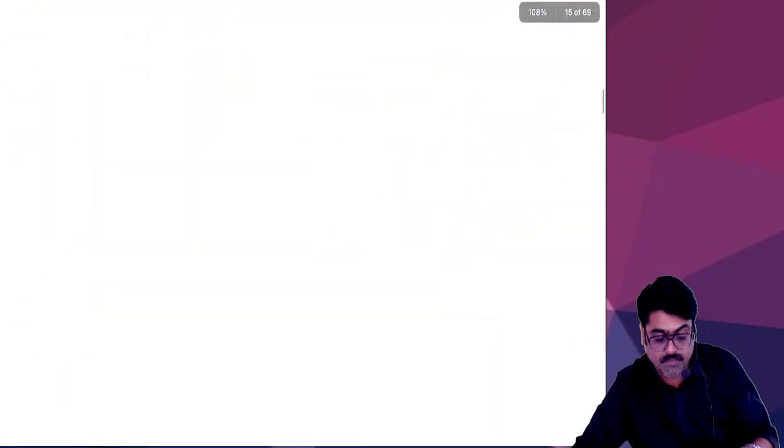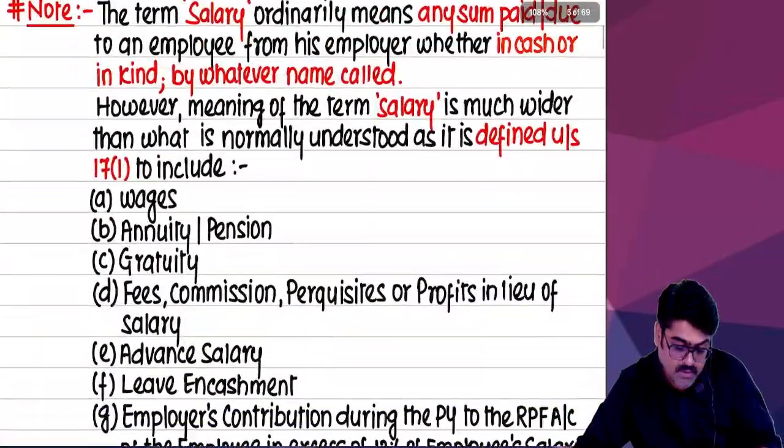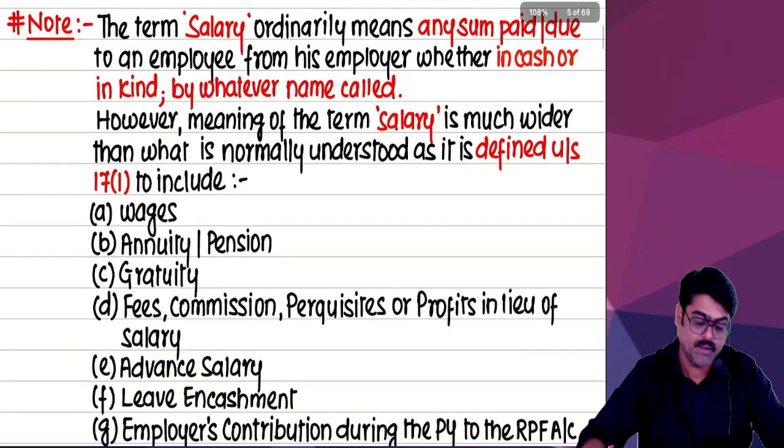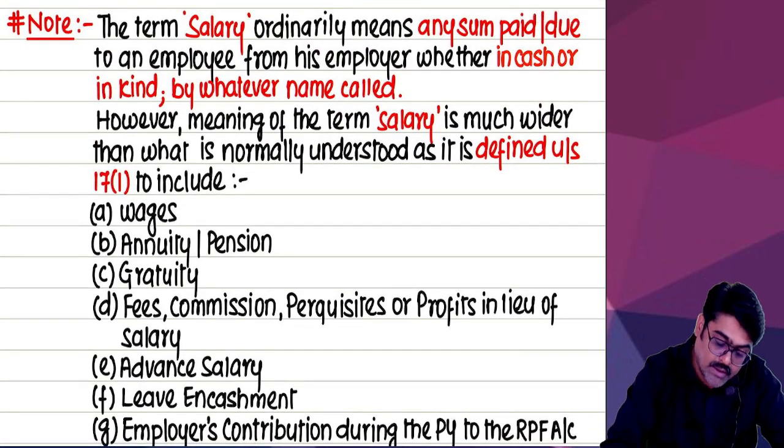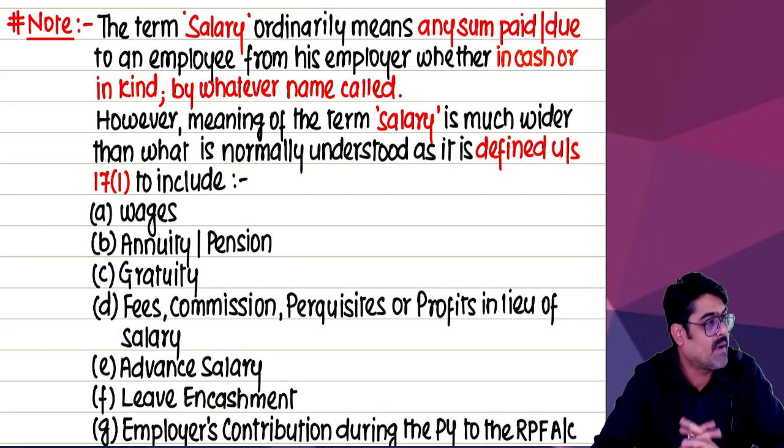Understanding or not? So, this is the end of your salary chapter. Now pay attention. Do you remember that we had discussed the definition of salary? The term salary ordinarily means any sum by whatever name called given by the employer to the employee, whether in cash or in kind.